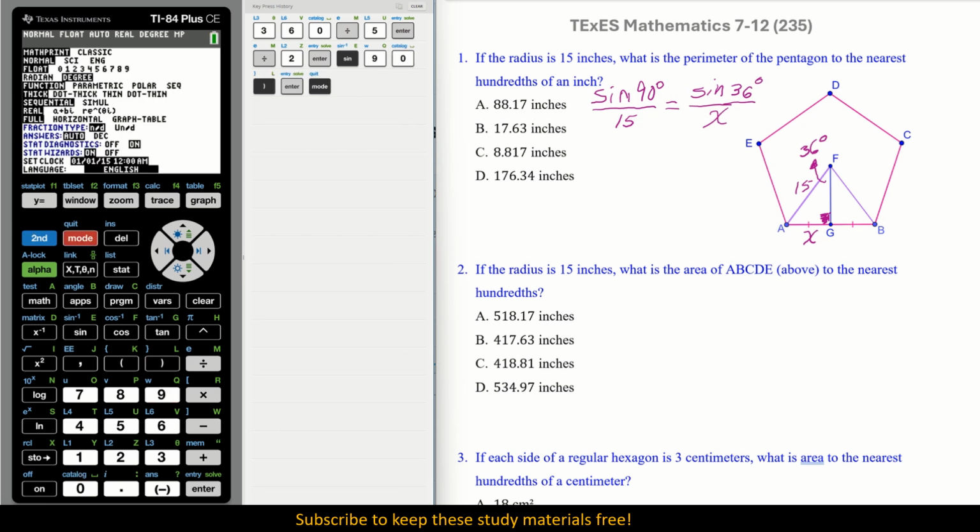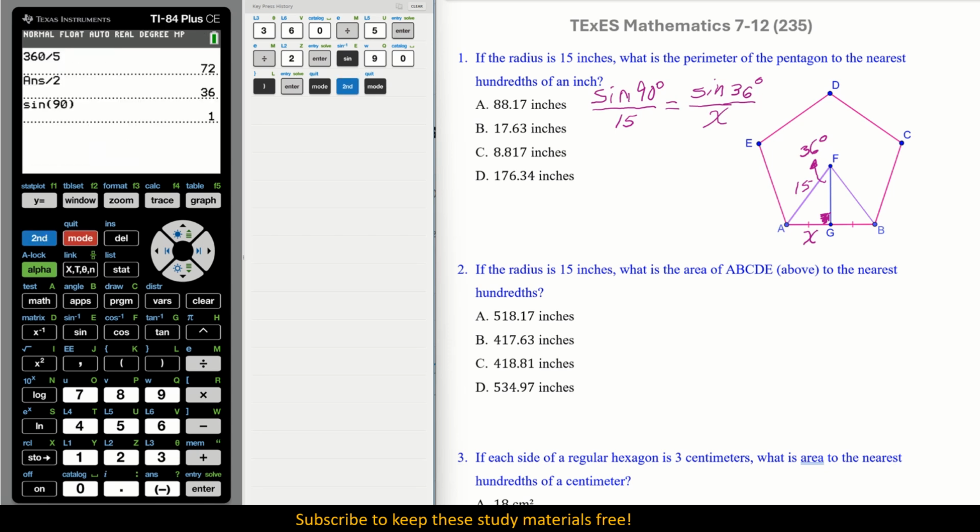Oh, and by the way, always check your calculator to see if it's in degrees, and ours is. Okay, so I know this equals 1, which makes my life a little easier. So you have x equals 15 sine 36. We'll put that in the calculator.